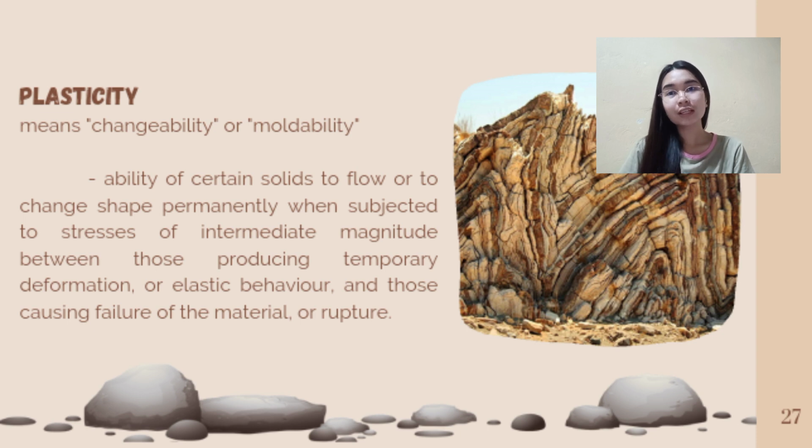Yung steel string kasi, kapag hinila mo siya, or nag-apply ka ng force doon sa steel string, kahit gaano pa kadaming force, or gaano pa kalayo, or dami yung i-apply mo ng force kapag hinila mo yon, once na ibinitawan mo yon, is ganun pa rin yung, or mabilis pa rin siyang babalik sa original shape niya, kaya tinatawag siya na plasticity.